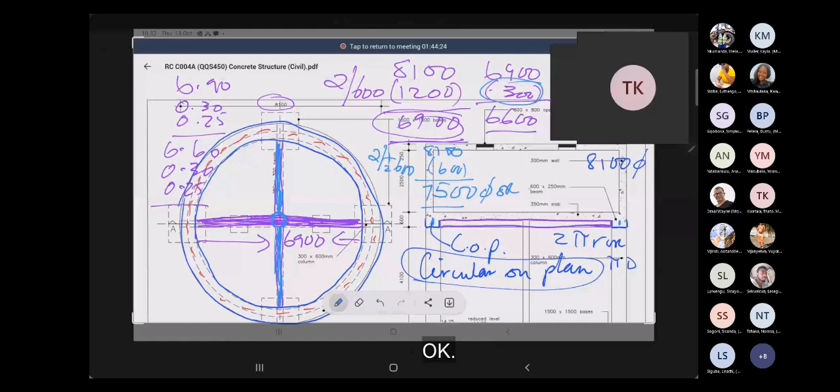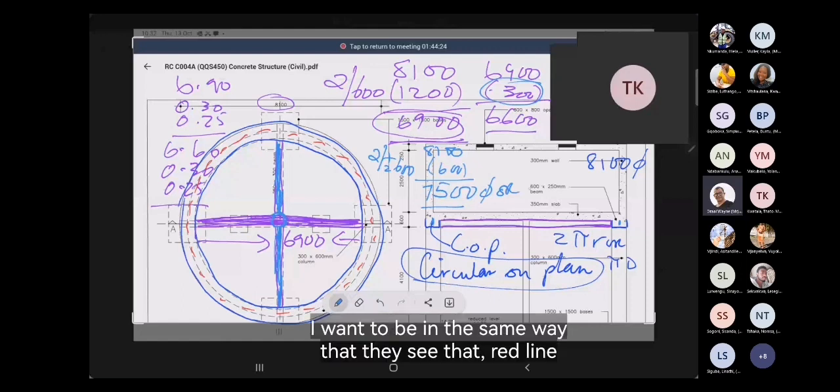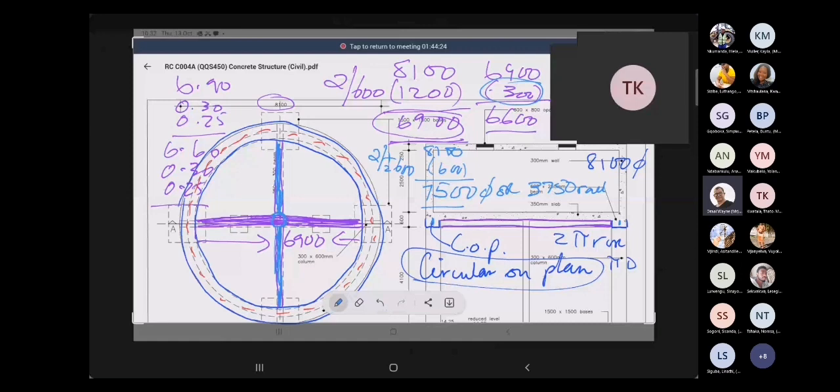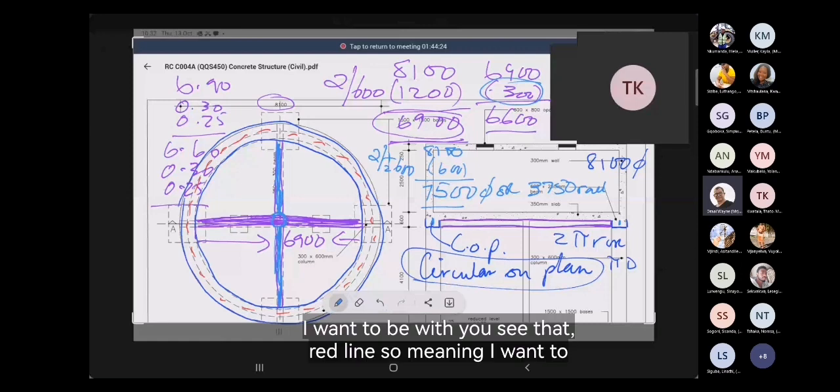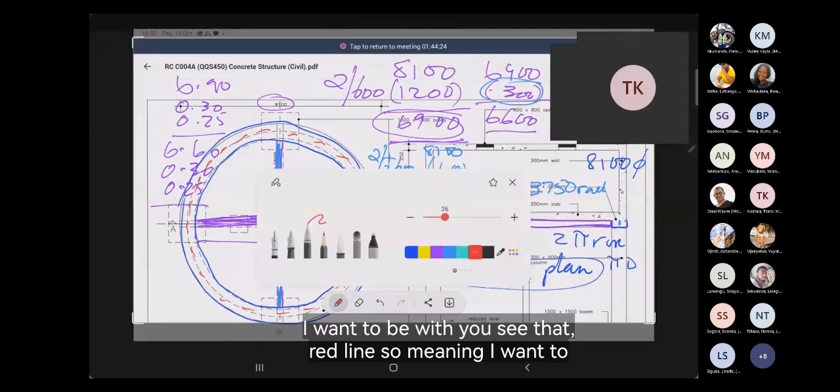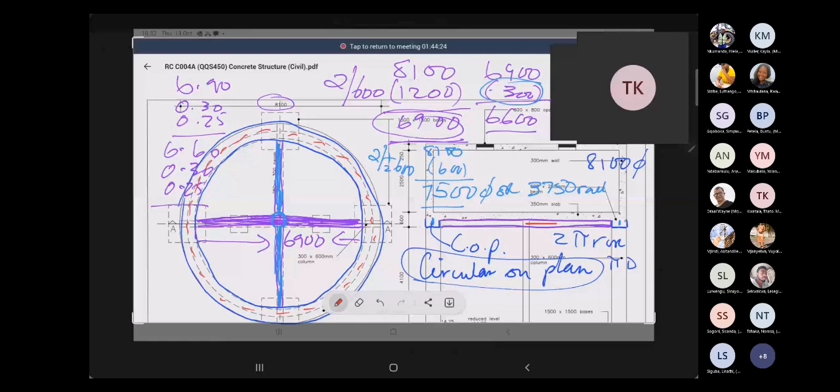Okay. Where do I want to be? I want to be in the center where you see that red line, right? So meaning I want to be from there to there, to there.